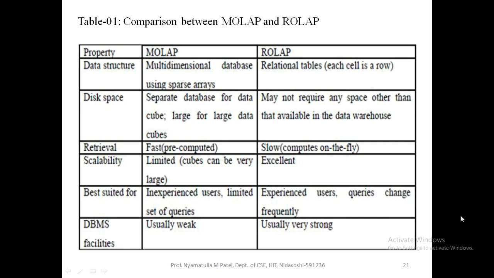Then we also studied efficient processing of OLAP queries, what query processing should follow, and how an OLAP query is processed. We looked at three different architectures of OLAP servers: ROLAP, MOLAP and HOLAP, where ROLAP is relational OLAP, MOLAP is multidimensional OLAP, and HOLAP is hybrid OLAP.